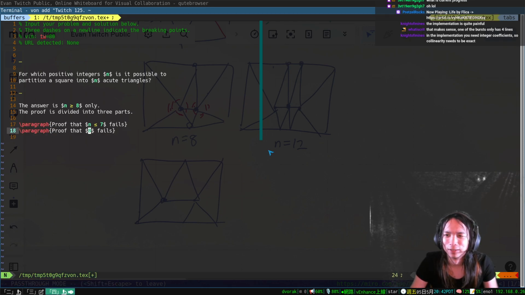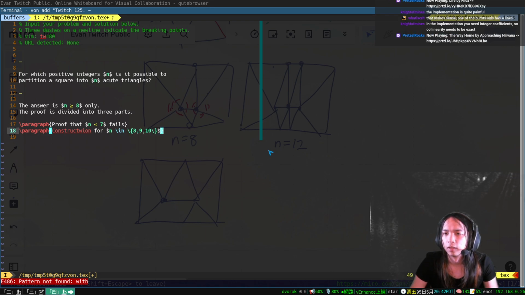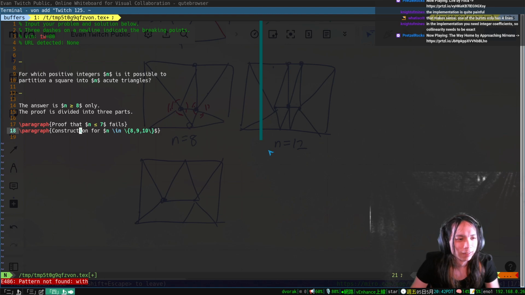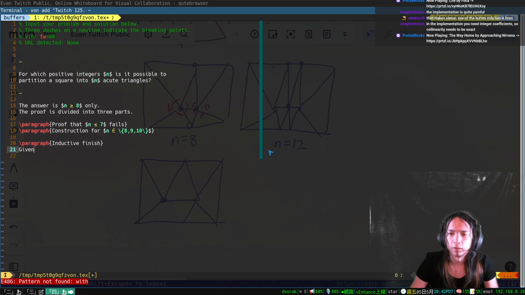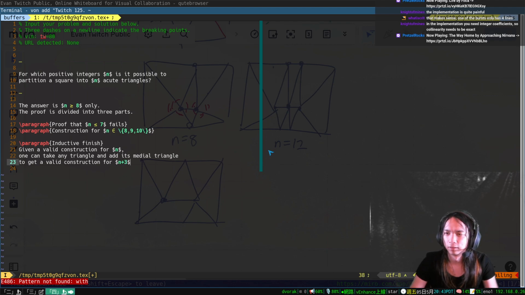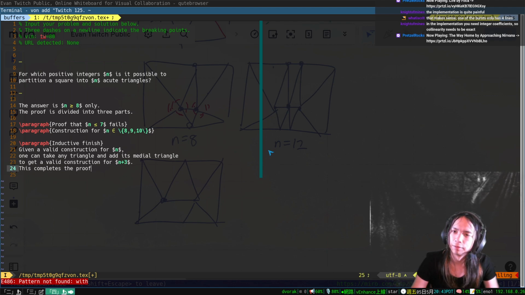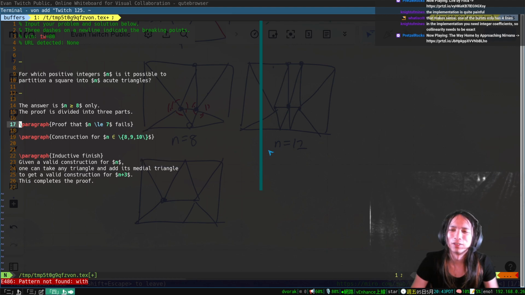No, just no. Given a valid construction for n, one can take any triangle and add its medial triangle to get a valid construction of n plus 3. This completes the proof.